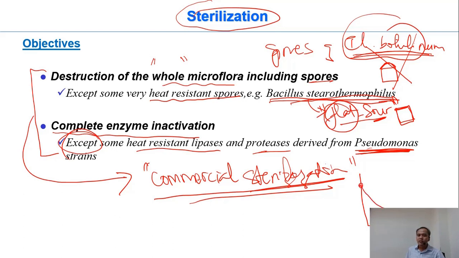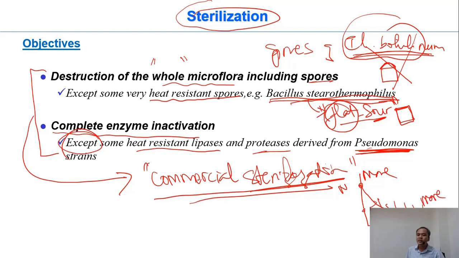And the longer time you do heat treatment, the lower the number of microorganisms, but this curve never reaches zero. This is an exponential curve. That is why if at the beginning you have more, then after a period of time of heat treatment you will have more.